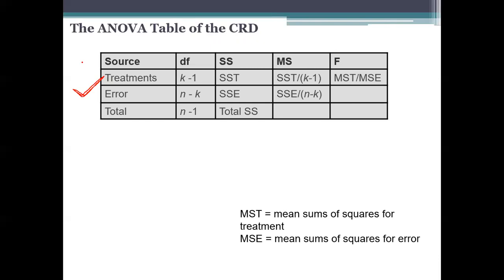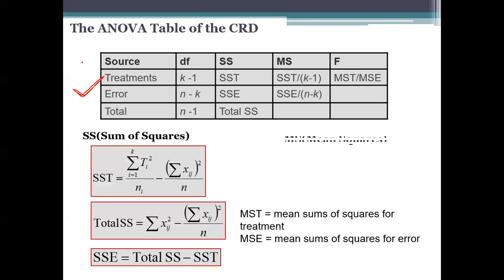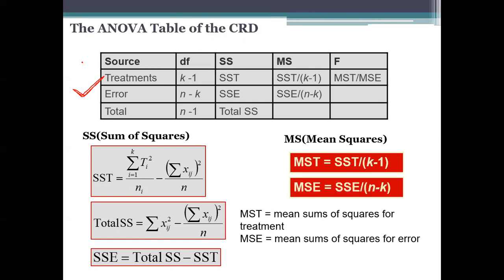So first of all, please draw the ANOVA table of CRD. This is the formula that we are going to use in one-way ANOVA or CRD design of analysis.